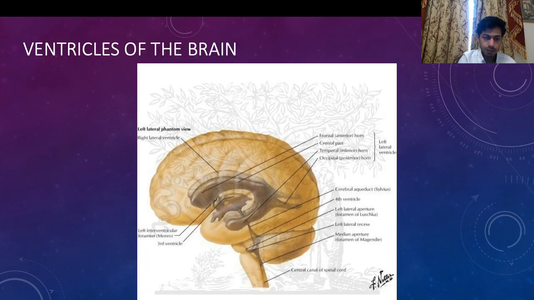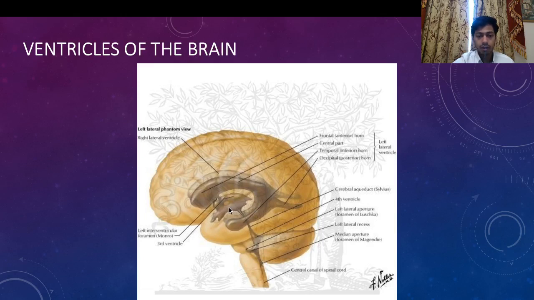So here, I'm not sure you can quite see the third ventricle very clearly, but it's the small subcortical ventricle.